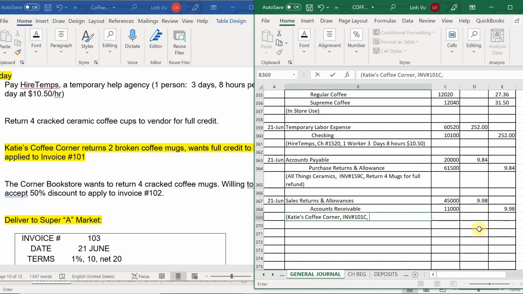And you could say returned or refund for 2 coffee mugs.